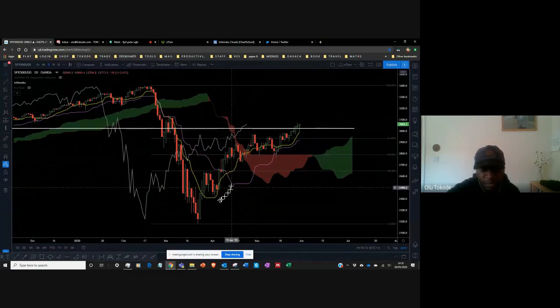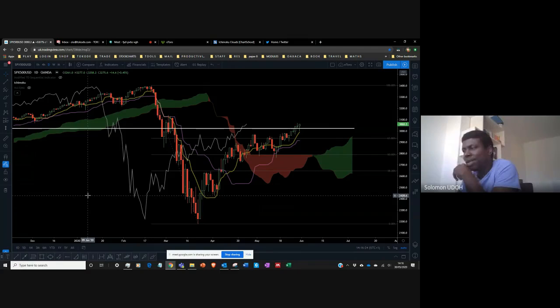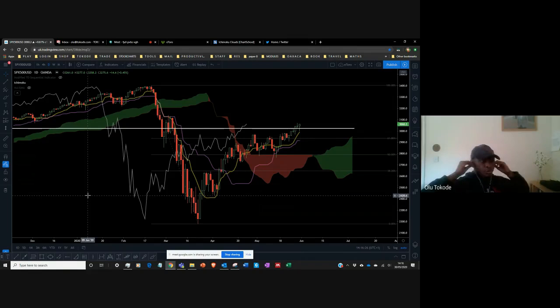Right. So the Ichimoku cloud is a very safe way to trade. It's an indicator that keeps you safe, because it tries to make sure by the time you enter your position, the coast is clear for you. There is less risk of price going against you.